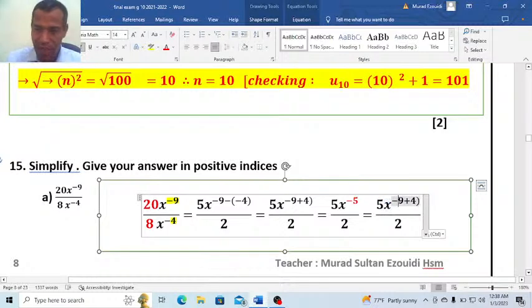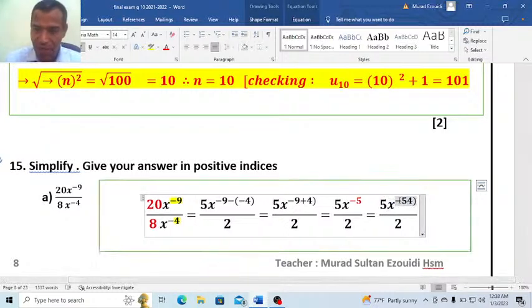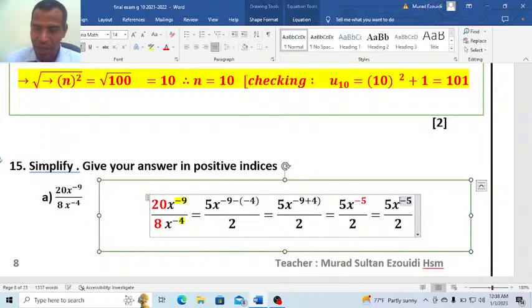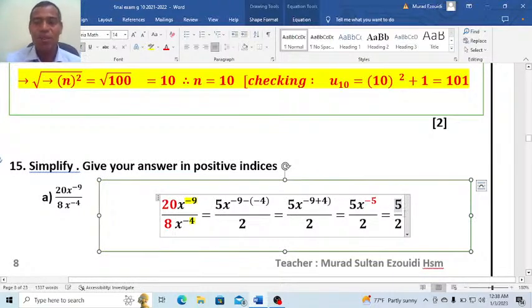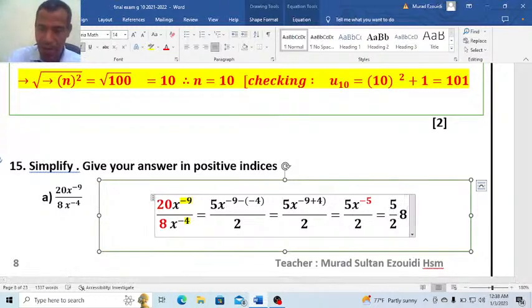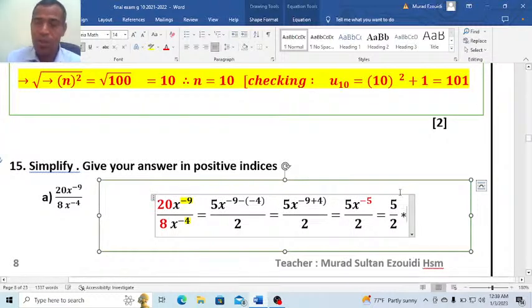So this x to the power minus 5, I will write as a fraction, which means multiply by 1 over x to the power 5.